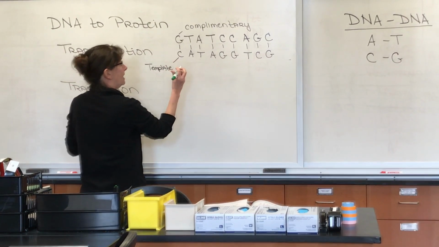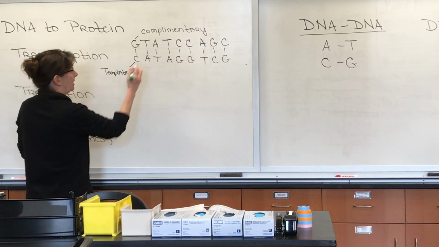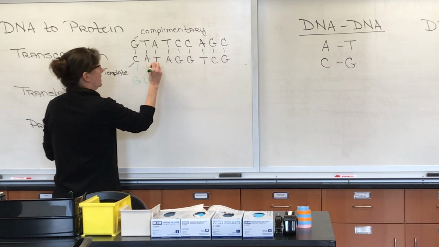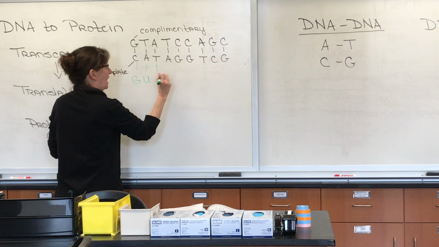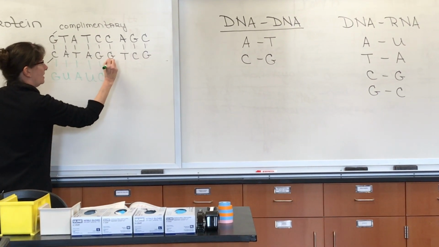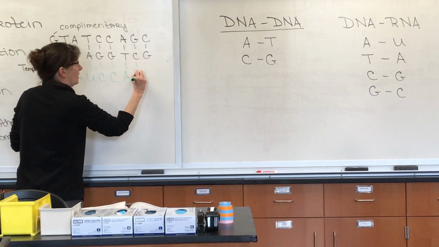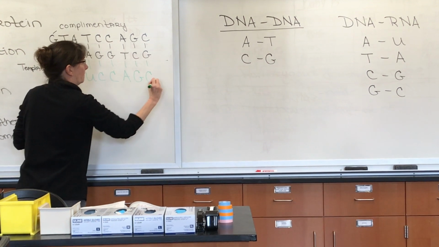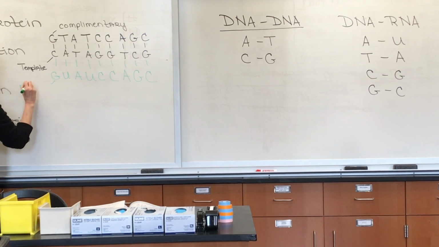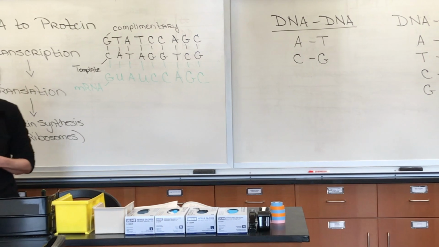So C here is going to go to G. A is going to go to U. T is still going to go to A, A to U, G to C. This is now our strand of messenger RNA.